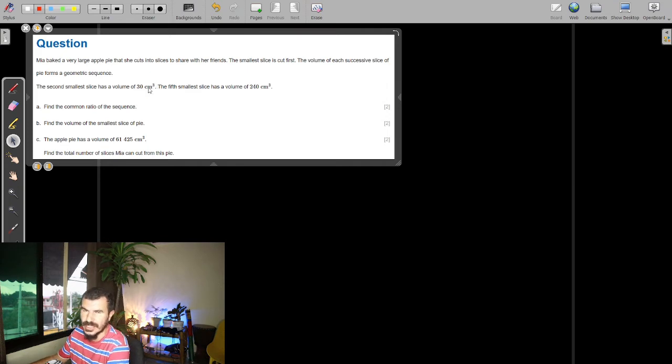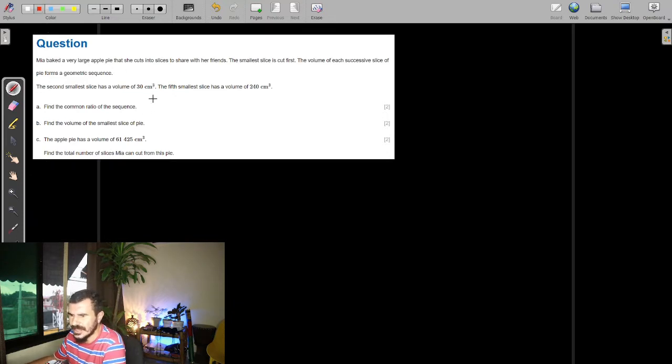You must understand if it's geometric or arithmetic. The second smallest slice has volume 30 cubic centimeters, and the fifth smallest slice has a volume of 240 cubic centimeters. Find the common ratio of the sequence.